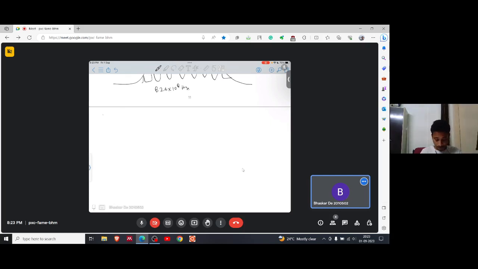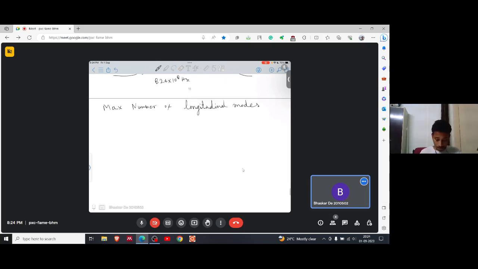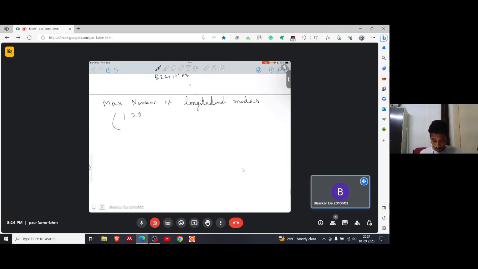In that case, the max number of longitudinal modes is 1.20 into 10 to the power 11 by 8.24 into 10 to the power 8.